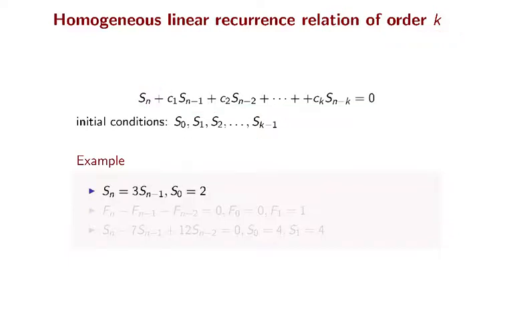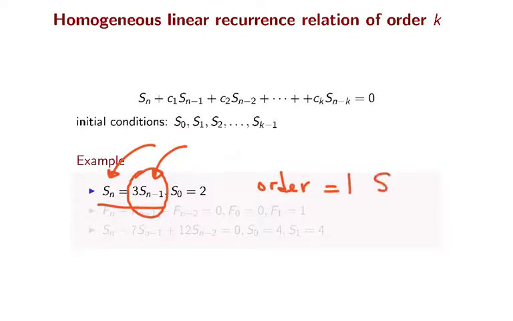For example, see the recurrence relation that says that Sn is equal to 3 times Sn minus 1, with initial condition S0 equal to something. So let's observe this relation, Sn equals 3 Sn minus 1. The n term is given in function of the term n minus 1, so it's in function of one term. So the order of this relation is going to be 1.